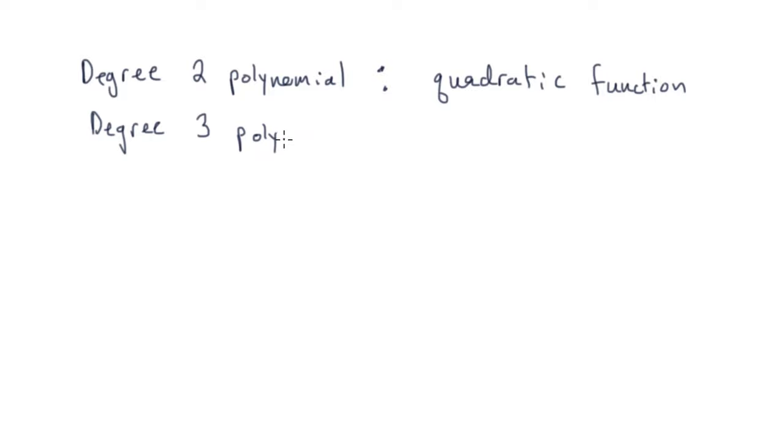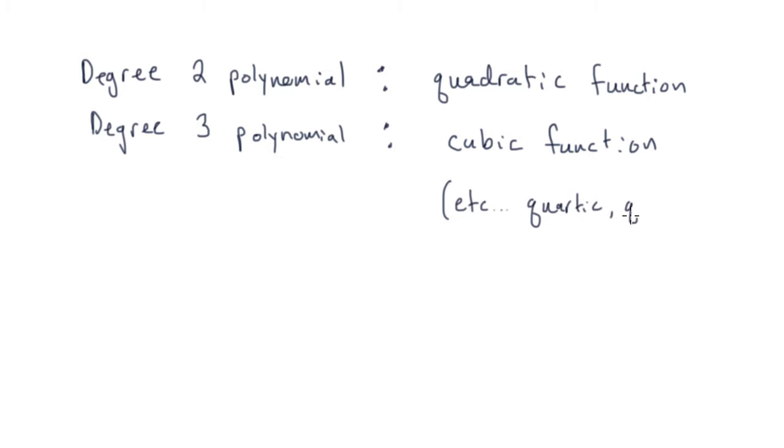So a degree 3 polynomial, well, quad, okay, so then we have a cubic function. And then we'll just say, etc. We have a quartic, quintic, so degree 4 would be a quartic, quintic would be a degree 5, you could just keep going, on and on and on.